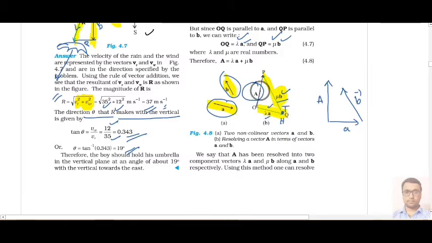Then the resultant will be given by joining the tail of vector lambda a and the head of vector mu b. The third line will represent their summation. So these a and b are called non-collinear vectors, and we have resolved vector A in terms of lambda a and mu b.